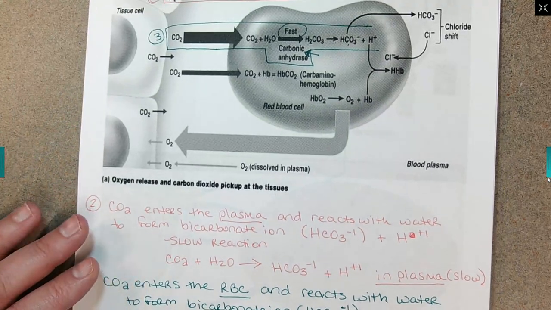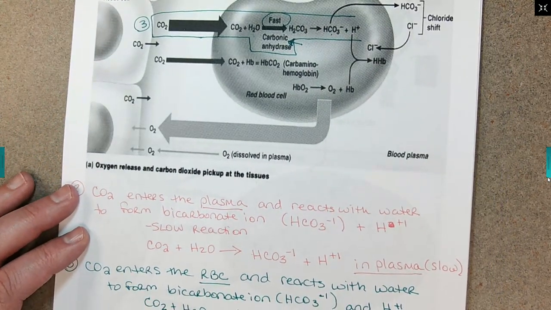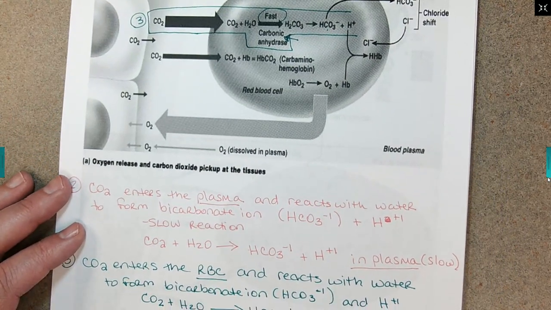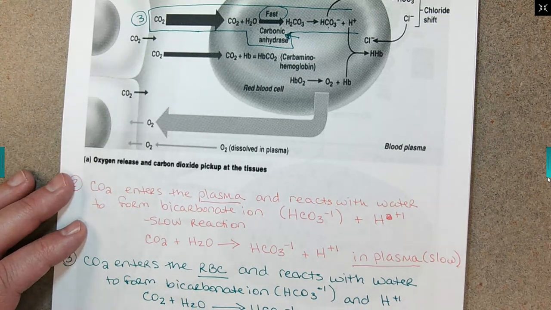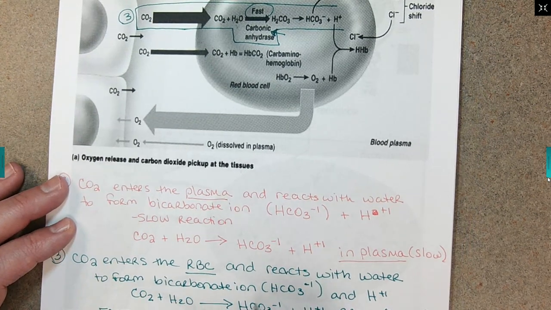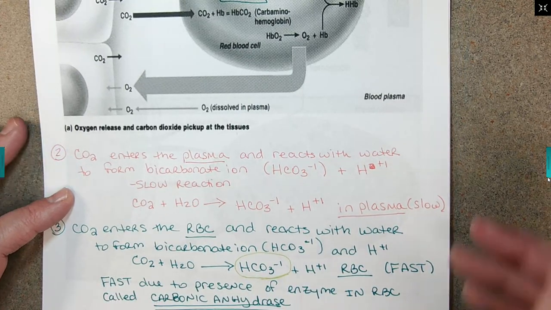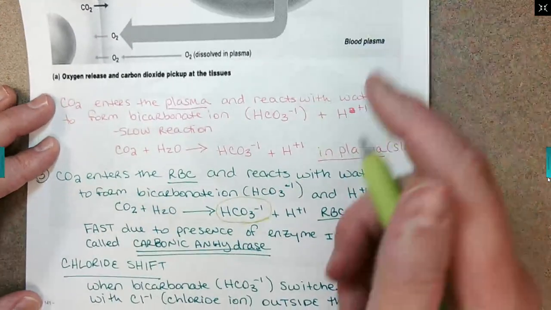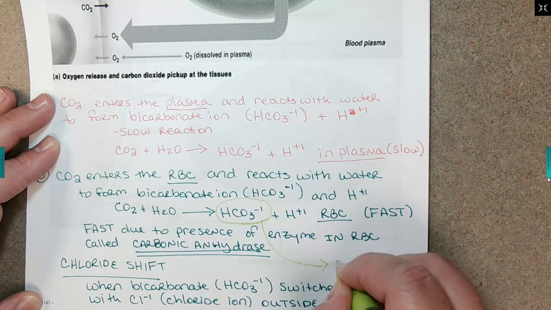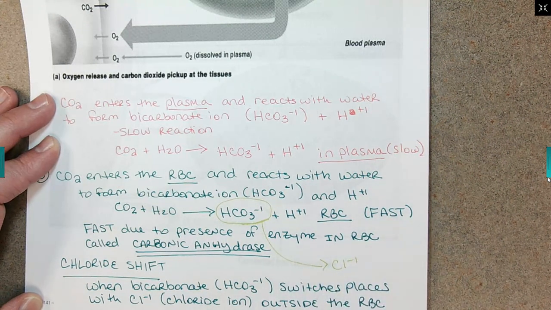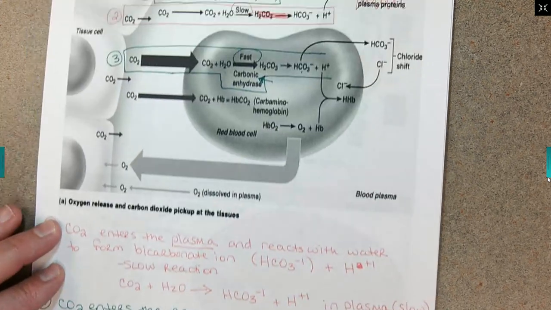So it's going to get a little messy here. That bicarbonate is going to switch places with the chloride ion outside of the red blood cell.